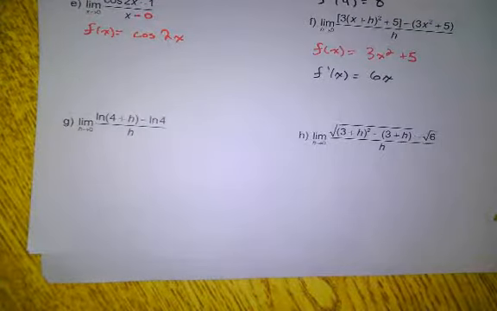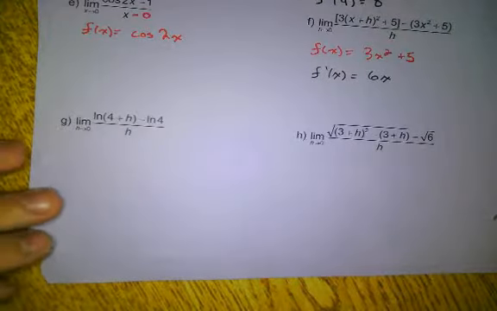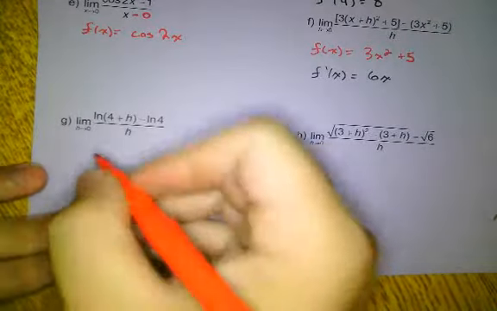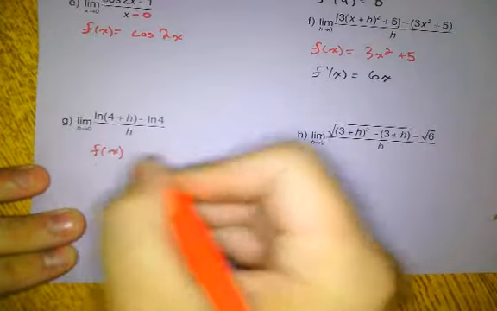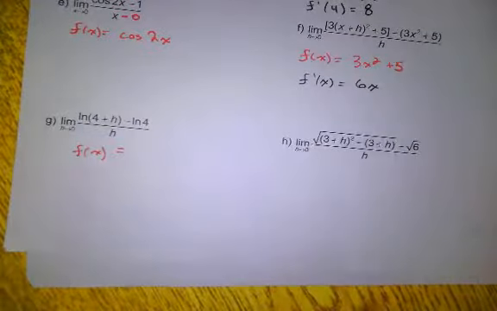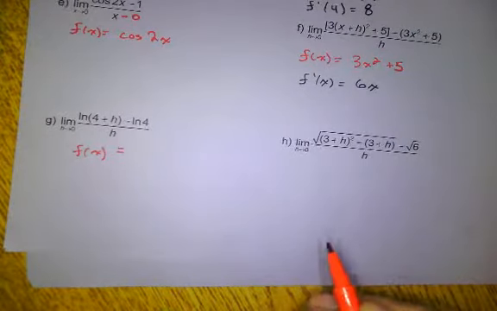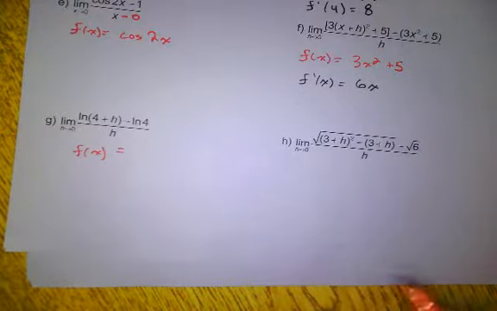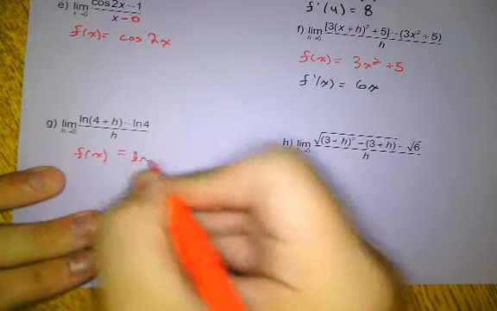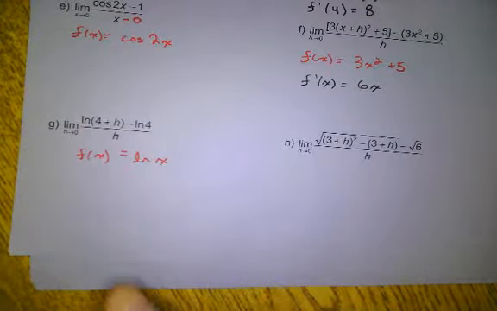All right. So now these last two, they're not polynomials, so I'm not going to find the derivative of these guys. So let's just find what the original function is. What's the original function? ln of, it's not x plus h, it should just be ln of x. So all we're doing is we're actually finding it at 4.